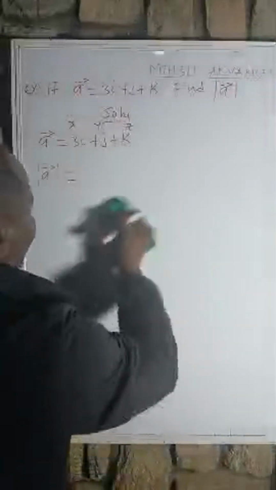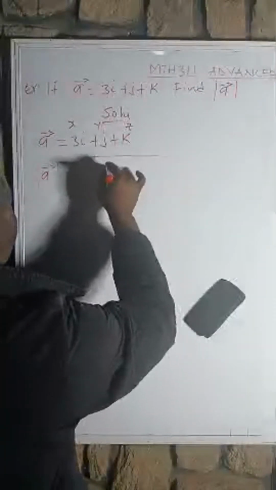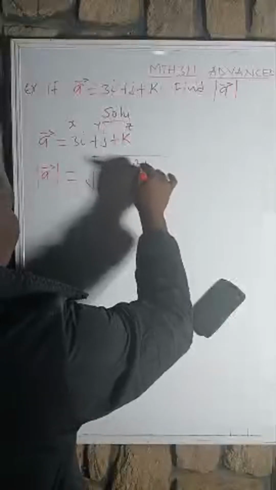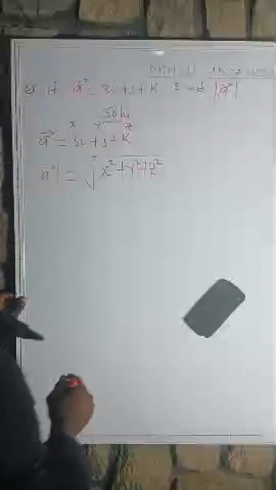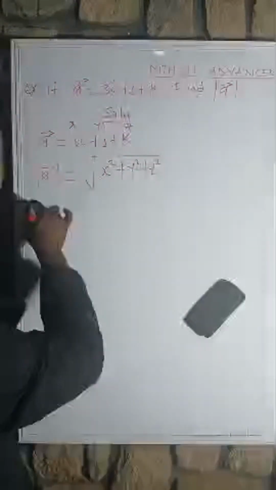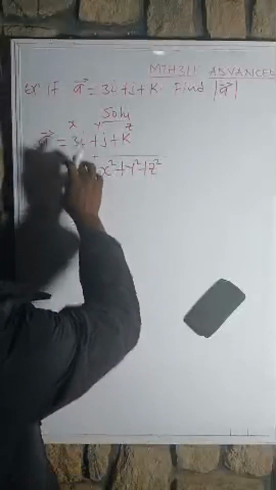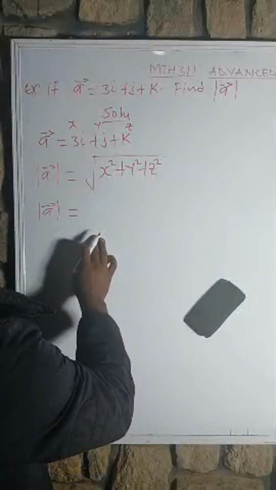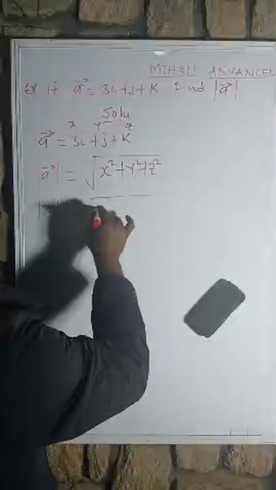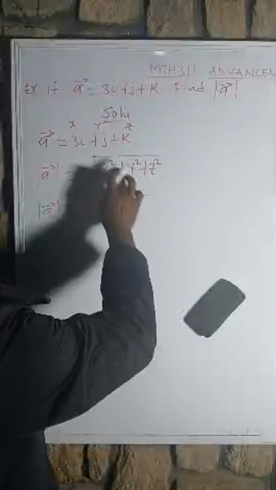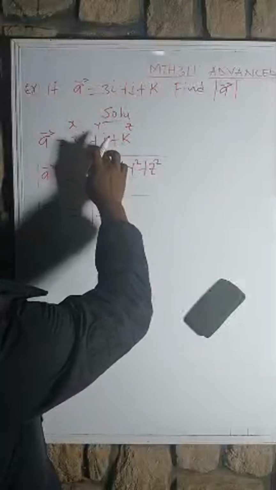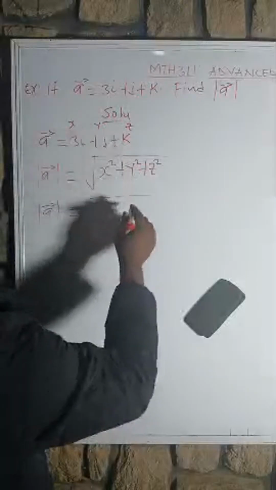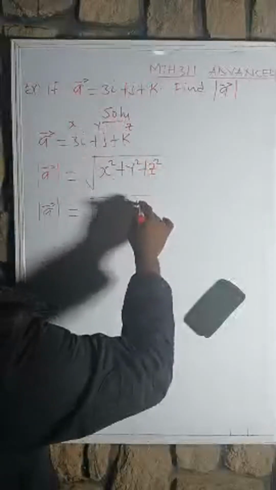So this implies the square root of x squared plus y squared plus z squared. So our x is 3, so 3 squared plus y is 1 because 1j, this is 1 squared. Z is k, 1k, this is 1, which is 1 squared.